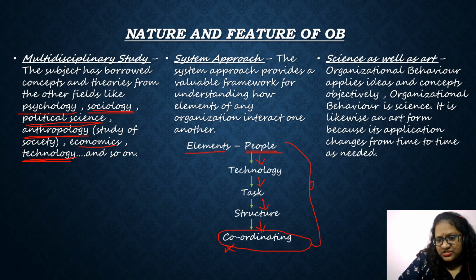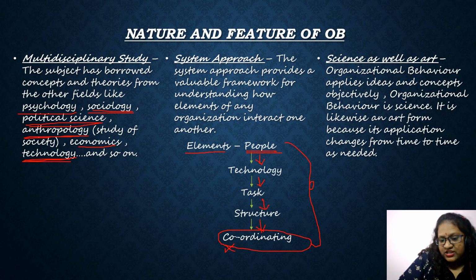Now next comes science as well as art. Organizational behavior is considered both science and art, because when it comes to science, it has a lot of theories and concepts which are taken and judged, and then implemented. So it's particularly a science where we have a lot of theories. And when it comes to art, every theory has its own way of implementation, and there are changes that have to be made from time to time.